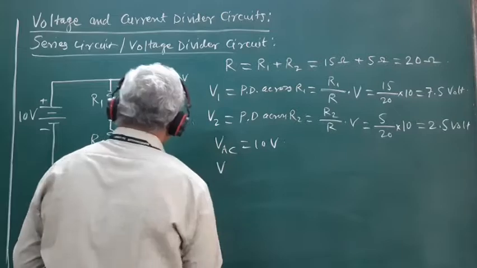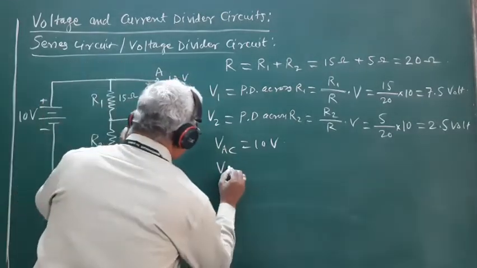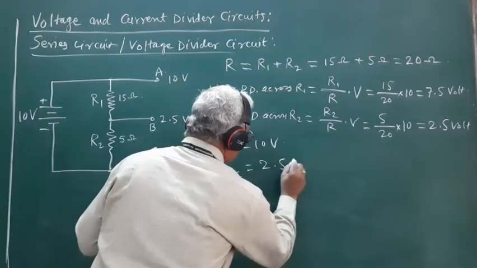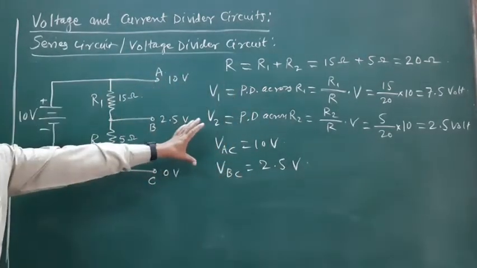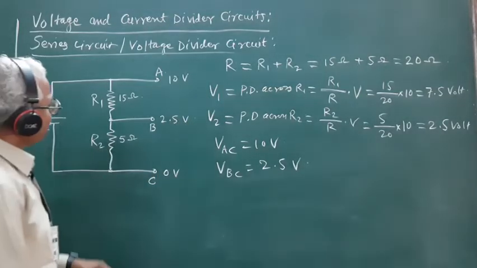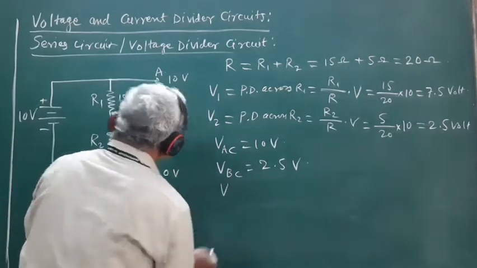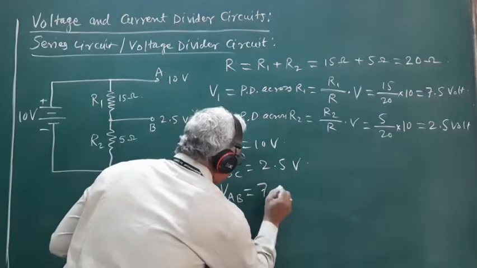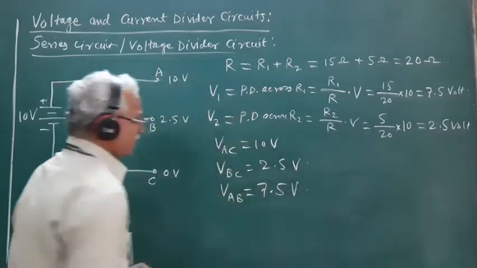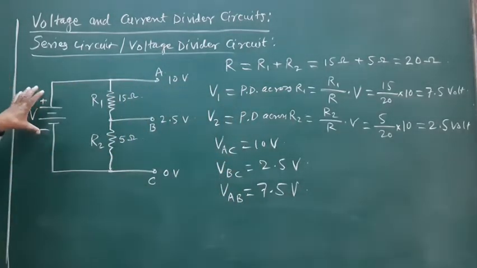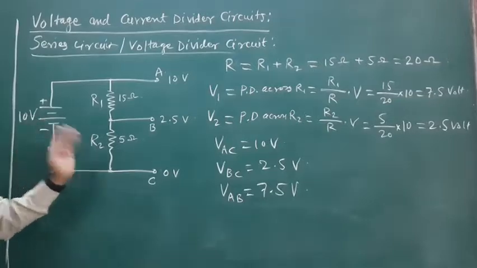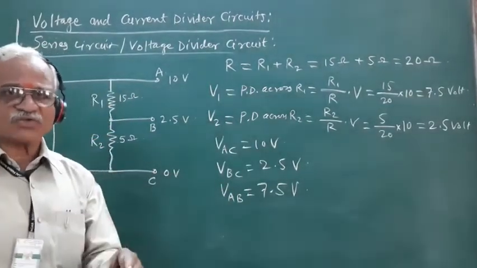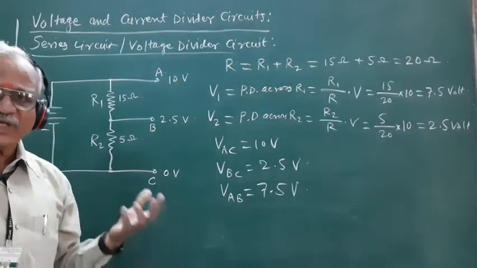If we connect a load resistance across the points B and C, we have a potential of 2.5 volt available across the load. And if we connect the load across the points A and B, a potential of 7.5 volt is available. So from a single source of EMF, we have three different voltages available for our choice to be applied across a load resistance.